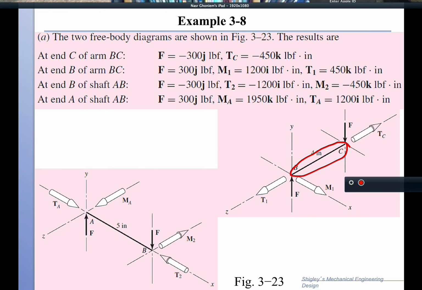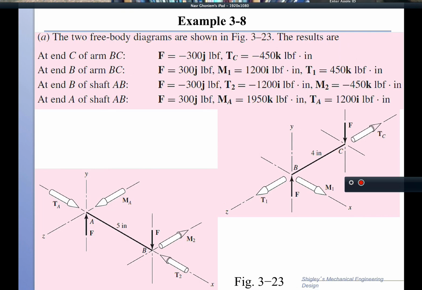So we put a coordinate system, as you can see here: this is the X, this is the Y, and this is the Z. For this particular coordinate system, we want to look at the forces, the torques and the bending moments that are acting on that element BC.